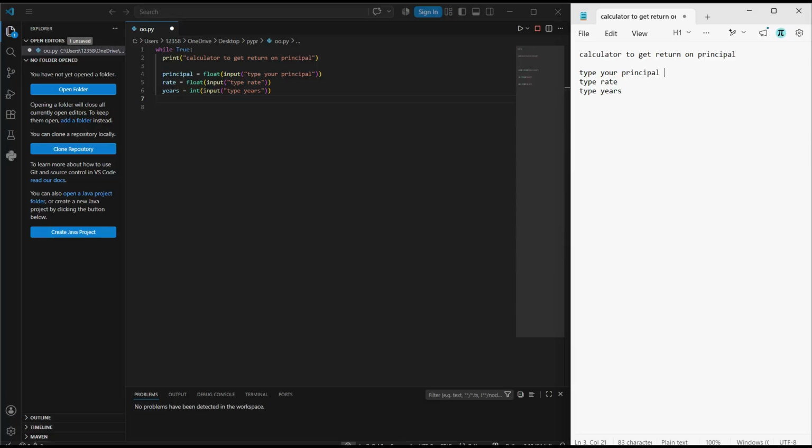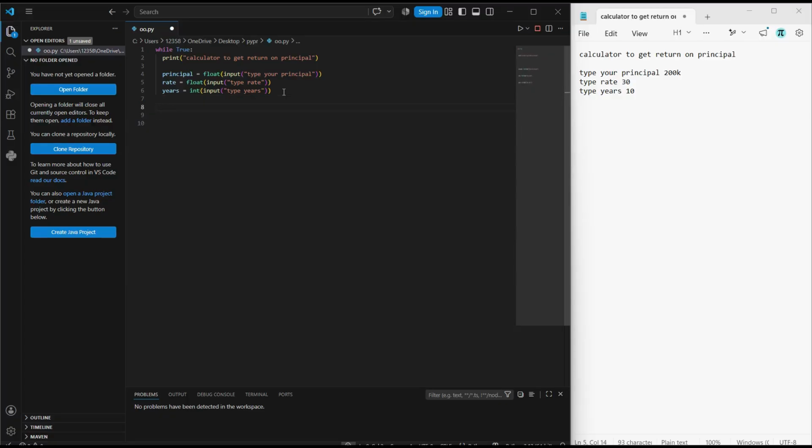Suppose the principal of the investor is 2 lakh, and he wants a return of 30% on the principal up to 10 years. Okay, he can type like that.